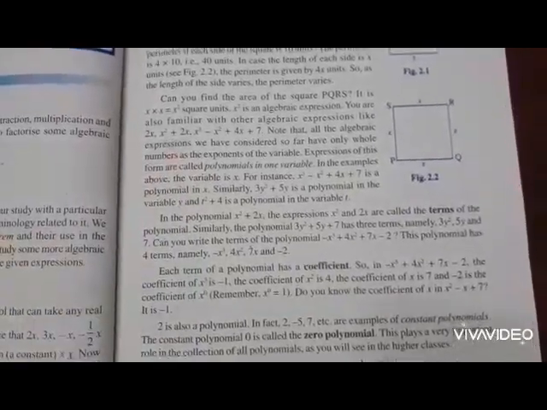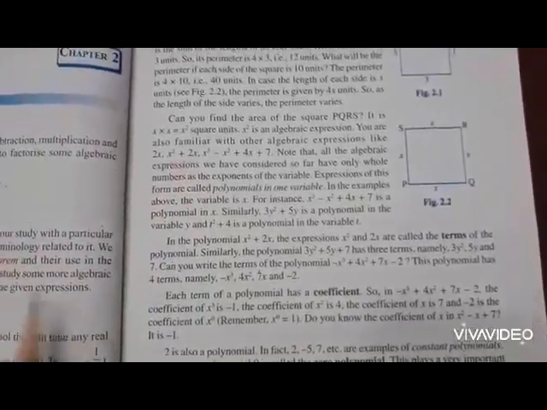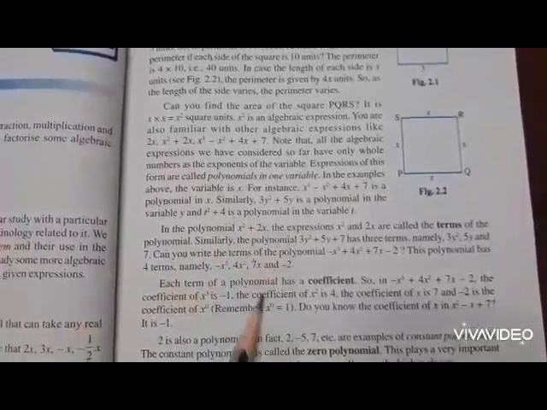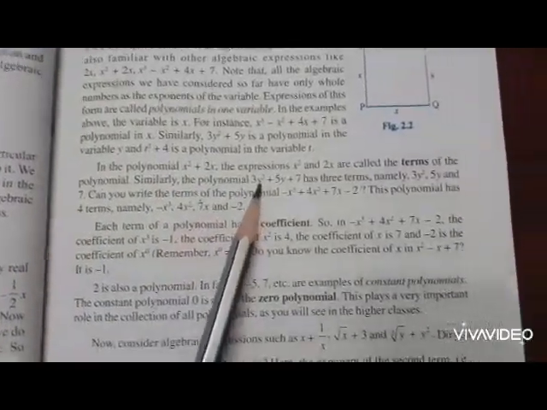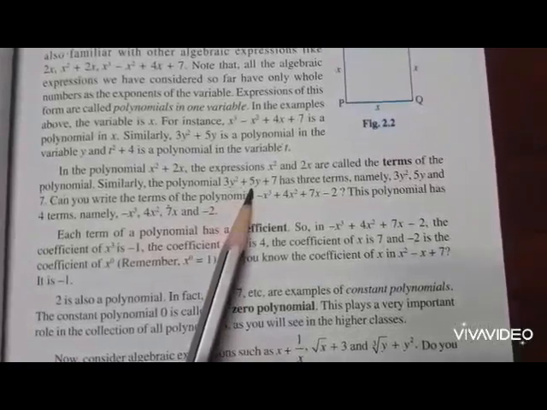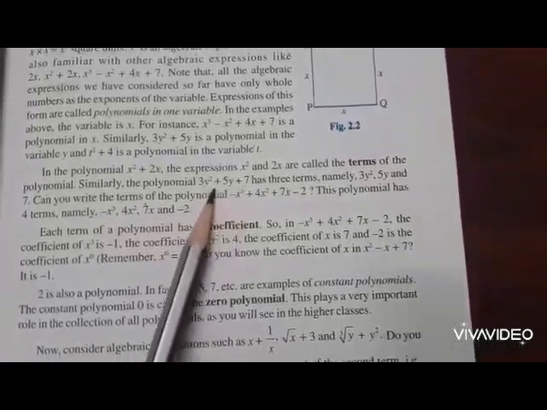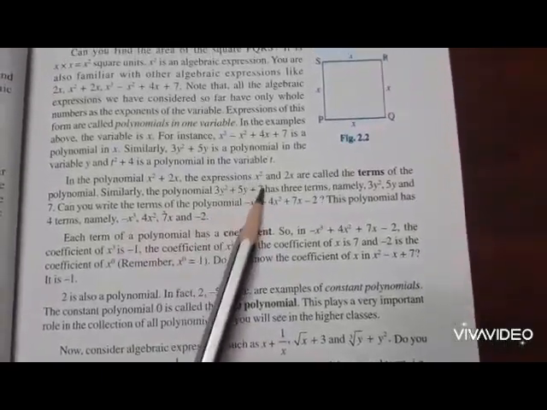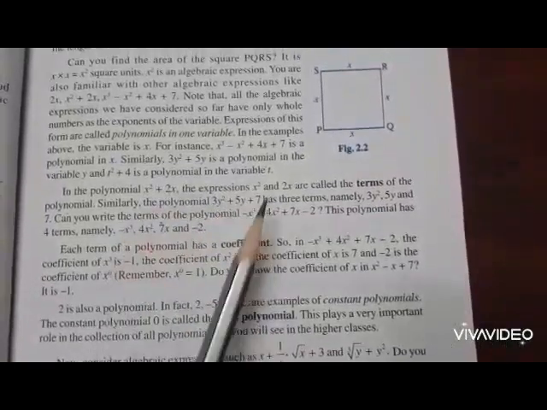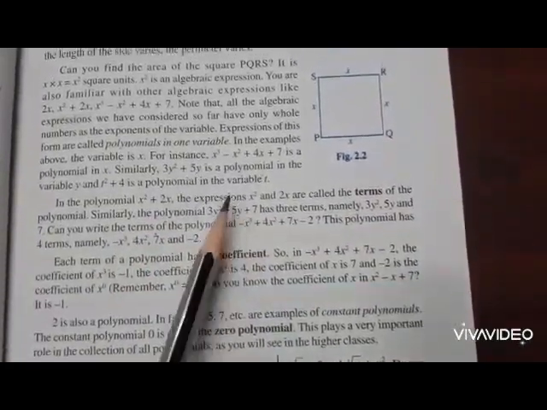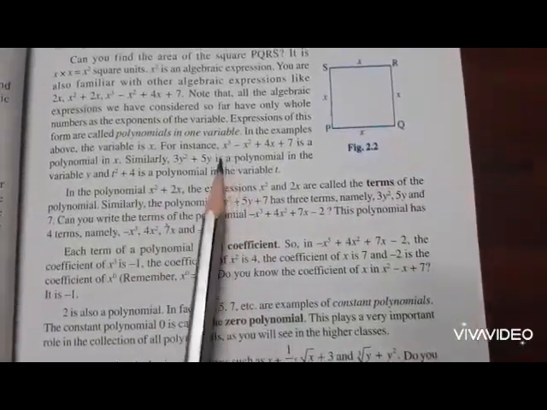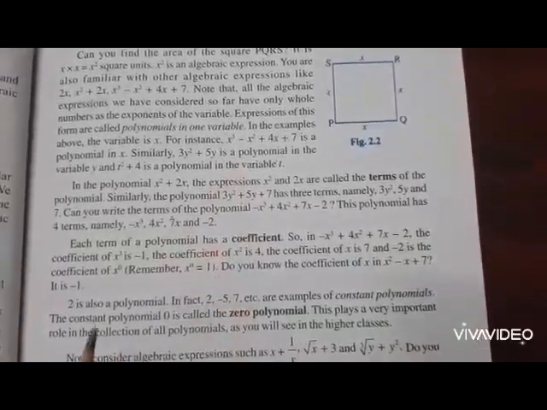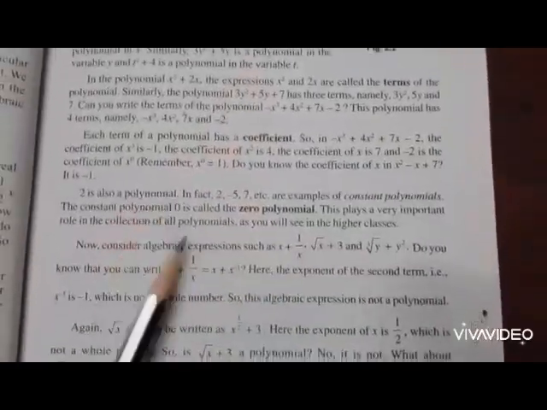And when we go ahead, for an example of a trinomial, we can take 3y square plus 5y plus 7. This is an expression for a trinomial. So like that we go. If it is more than 3 terms, then we call it a polynomial. And now let us learn about the coefficient.